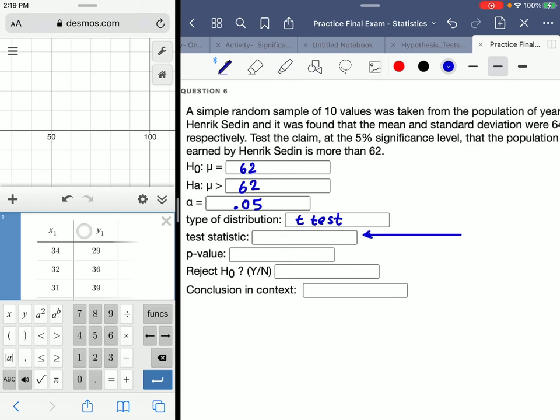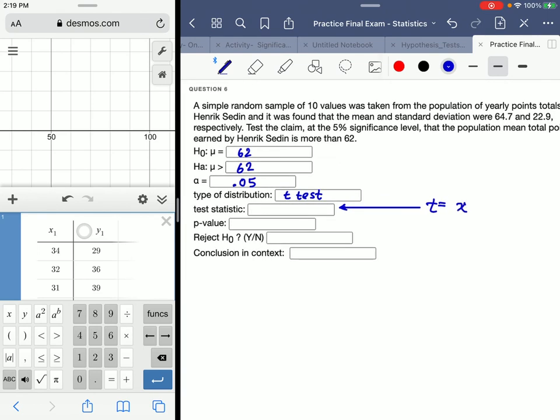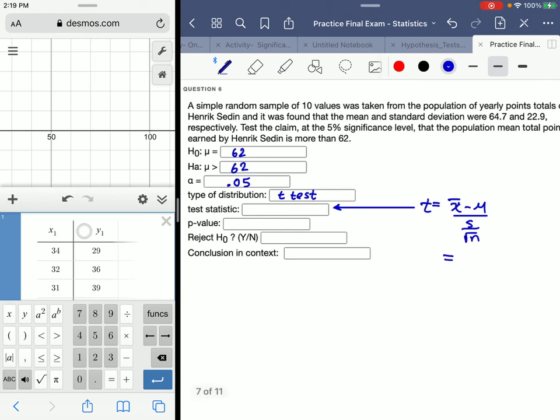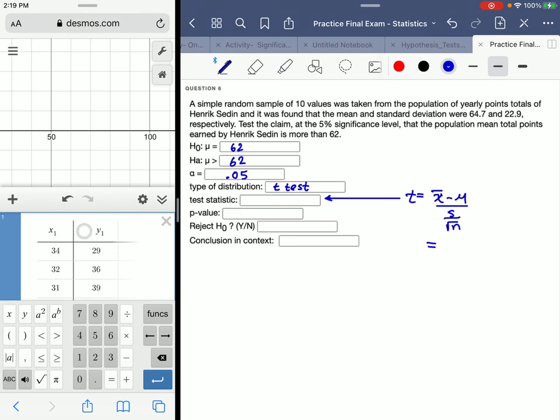The test statistic is going to be based off the formula T equals x bar minus mu over S over the square root of n. In this case, they tell us that the n is 10. There's 10 values selected at random. The mean is 64.7, and the S is 22.9.